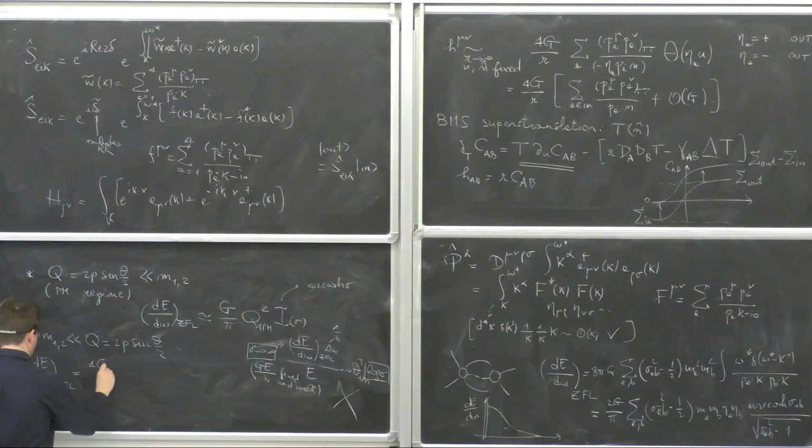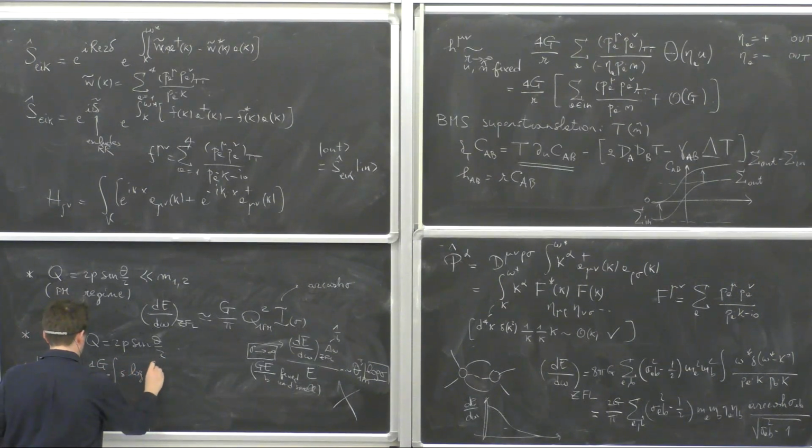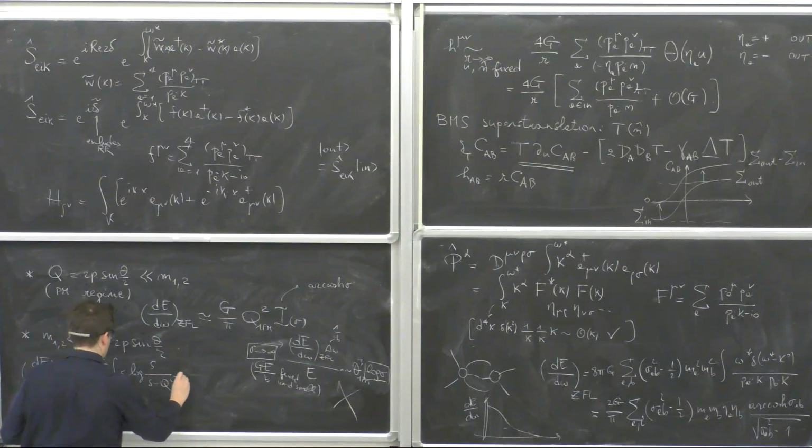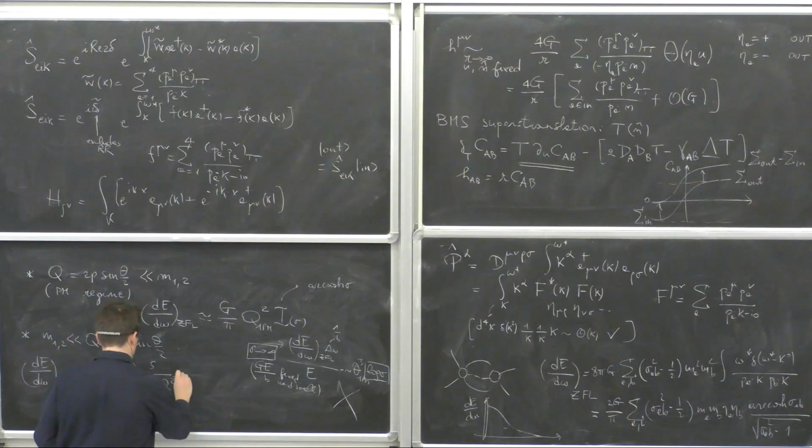So you still get this g over pi, and then s log of s divided by s minus q squared minus or plus q squared log of s minus q squared.